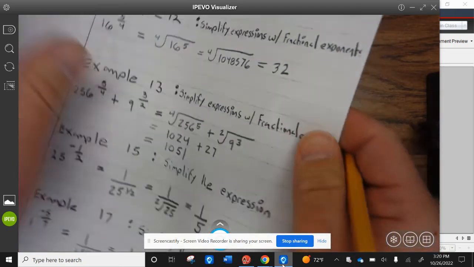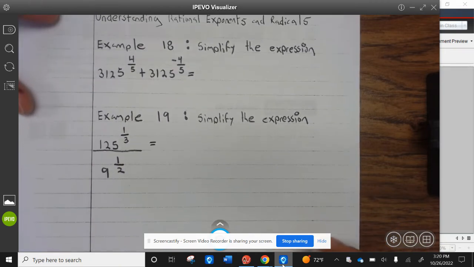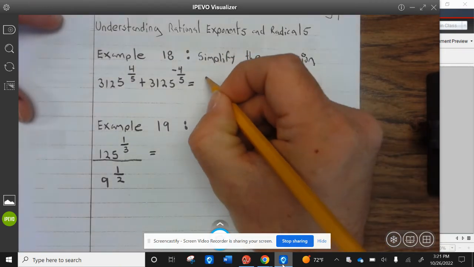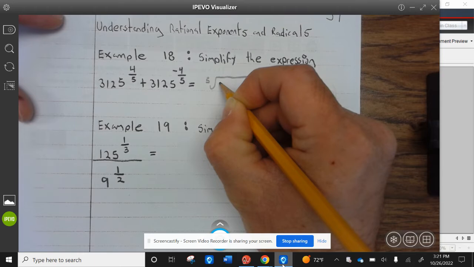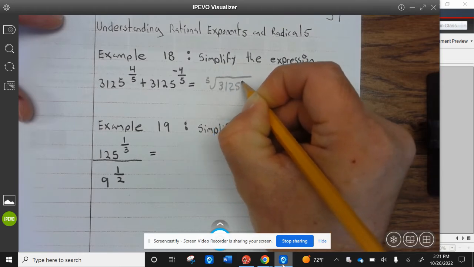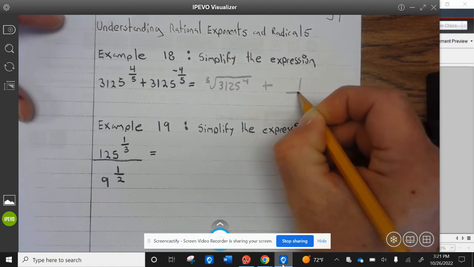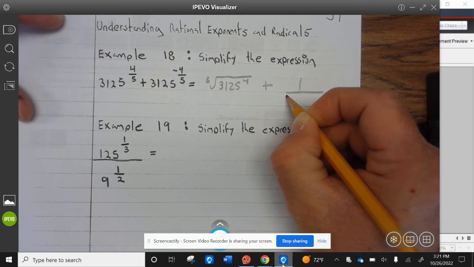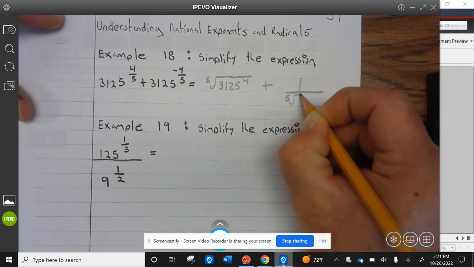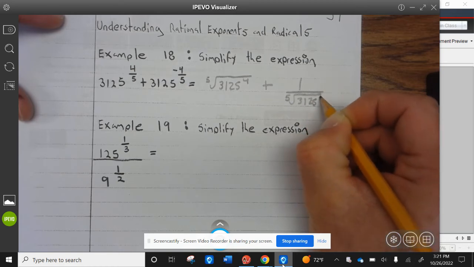All right, let's take a look at the next example. So this becomes the fifth root of 3125 to the fourth power plus 1 divided by the fifth root of 3125 to the fourth power.